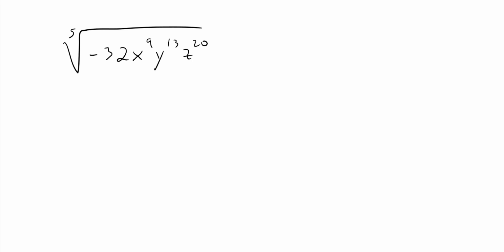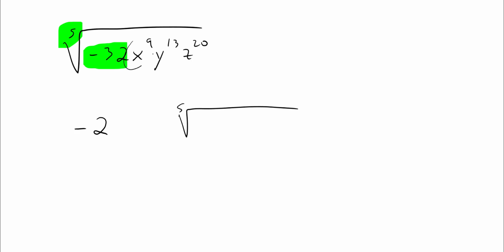Okay, you're going to do this on your calculator right there. This guy right here. Fifth root of negative 32. Type that in your calculator and you should get negative 2. Okay, so I'm going to put the fifth root here, and I'm going to do each one of these separately.